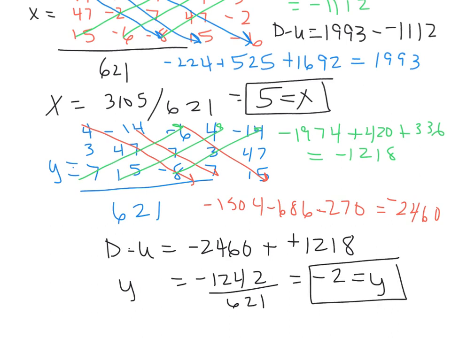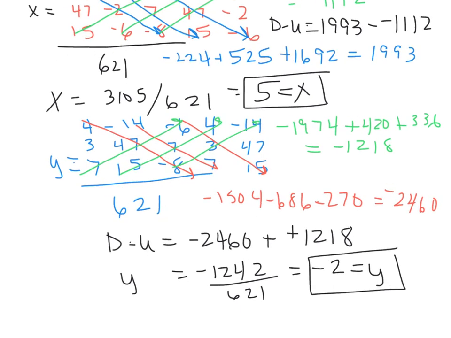Okay, so now here's something nice. Once you do Cramer's with two of them, we're going to take both of those answers, x is 5 and y is negative 2, and go back up to the original equations and just substitute into one of the equations to get my z. You could also continue and do Cramer's with your z as well.